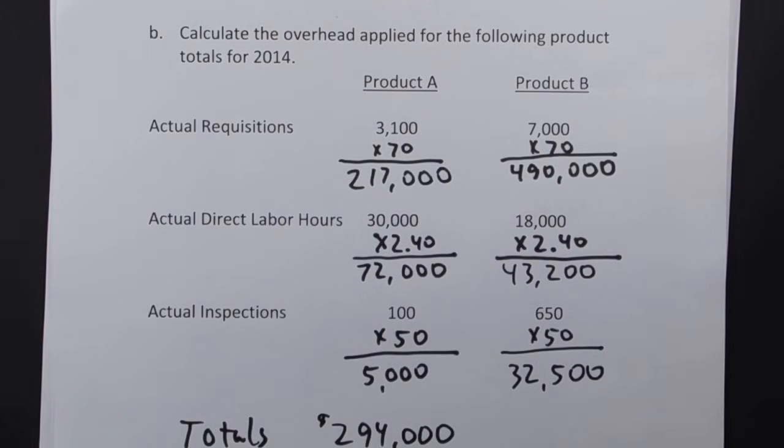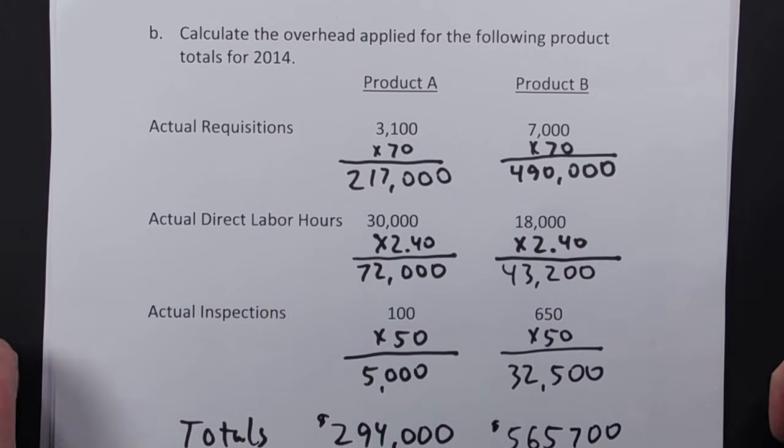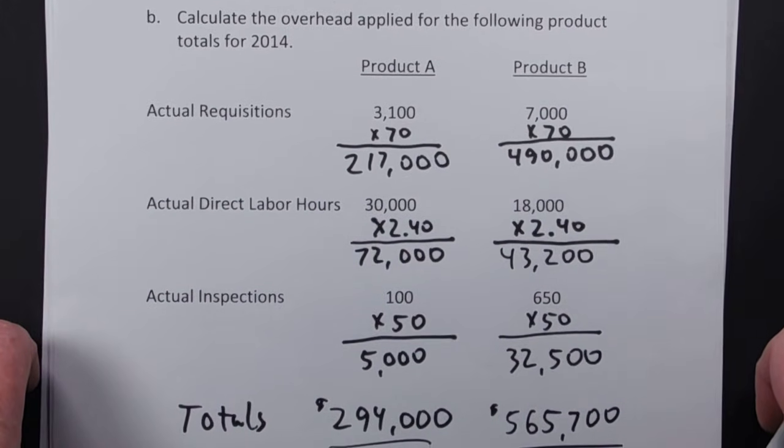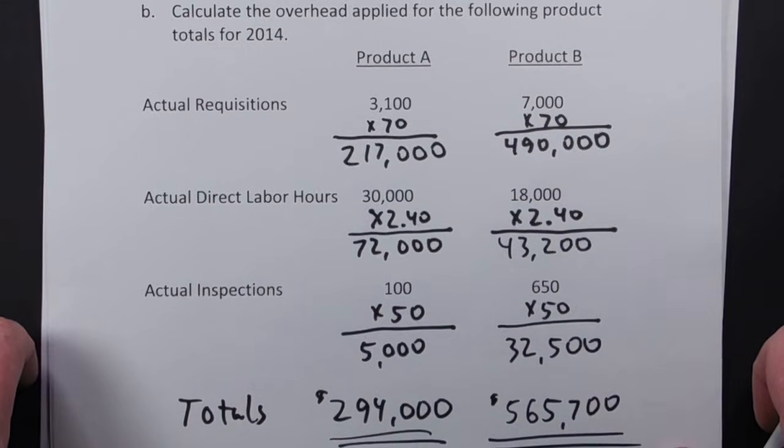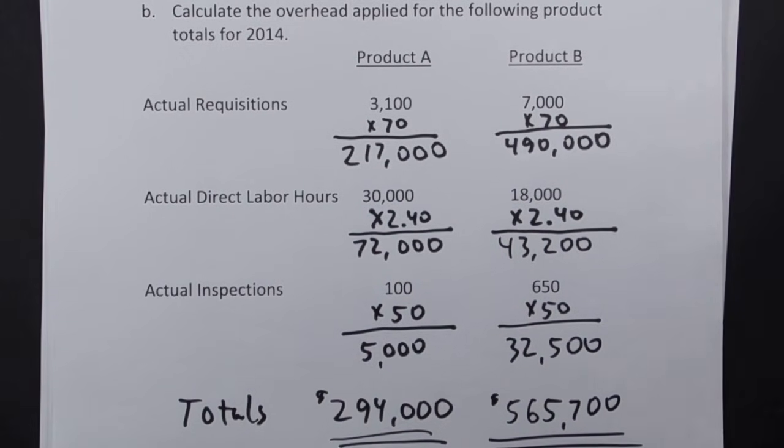You come up with $565,700. So for B, the total will be $565,700.